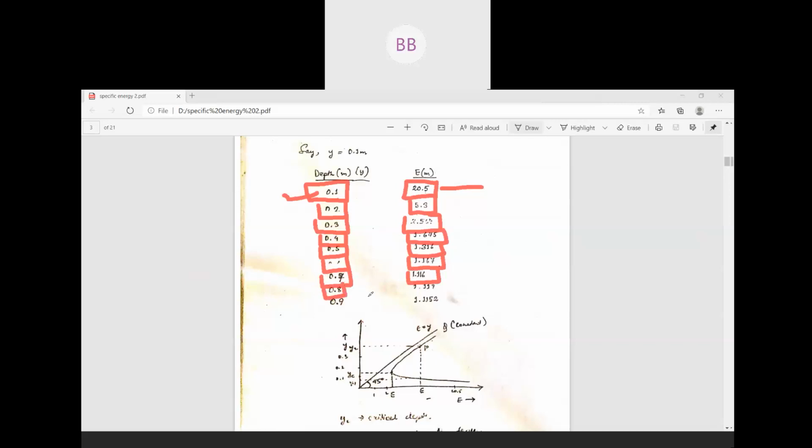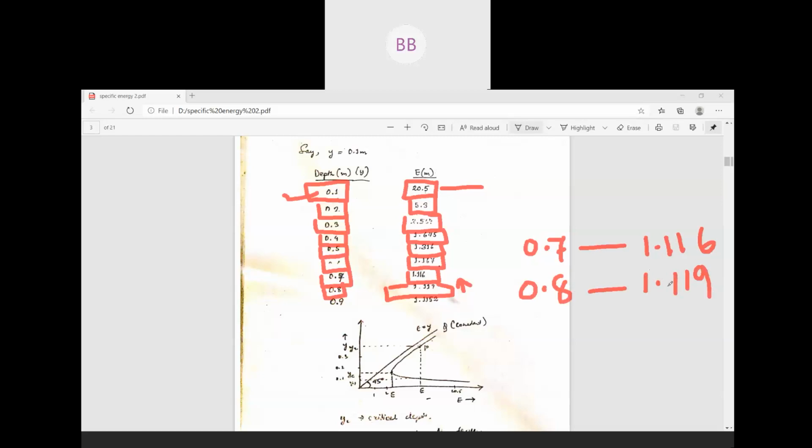At 0.8, you see it started increasing again. At 0.7 you got 1.116. When your depth is 0.7, the specific energy is 1.116. When your depth of flow is 0.8, the specific energy is 1.119.